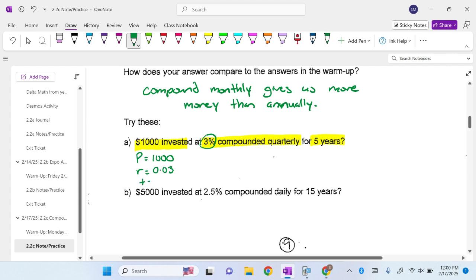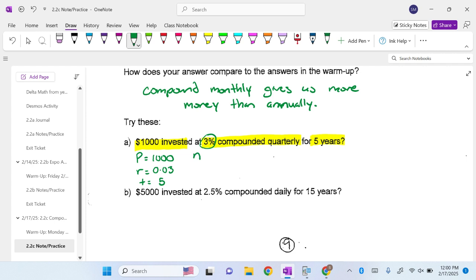What's my T value? T, not N. 5. It's how many years have passed. Now, what would your N be? 4. That's where the quarterly comes in. So your N is 4 times per year. Now we're just going to plug it into our formula.